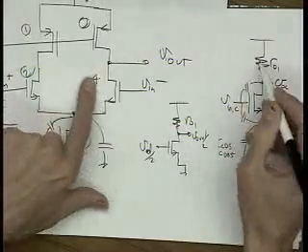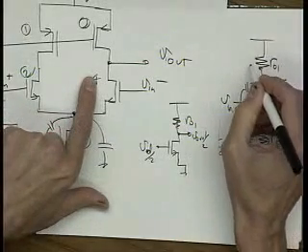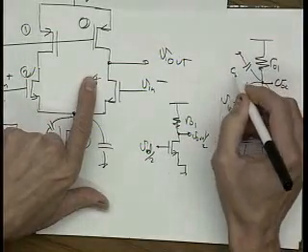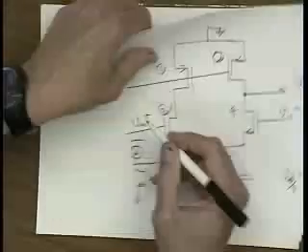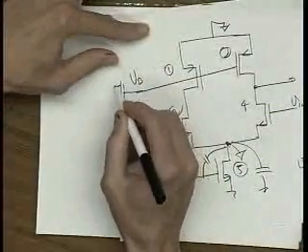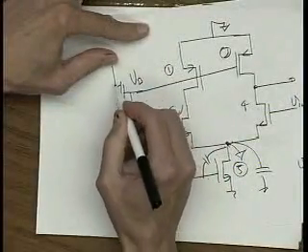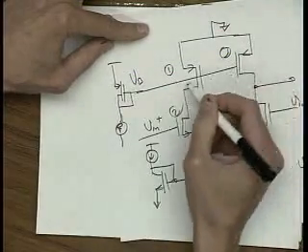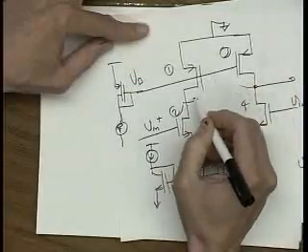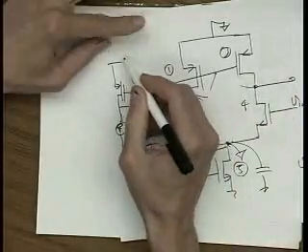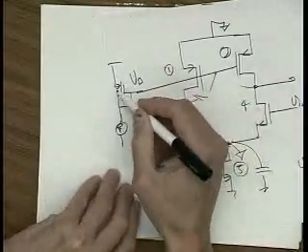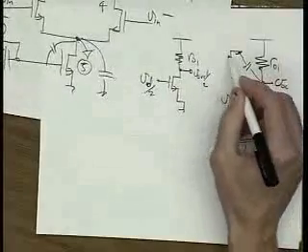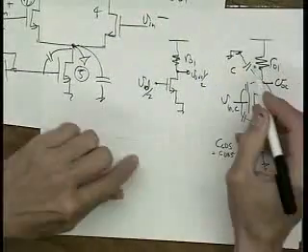Then R0 has some capacitance with it too, so let me add that in. This is going off to a diode connected transistor, let's say. So this capacitance goes to 1 over gm to ground. As long as 1 over gm is small compared to the output resistance of this node, this is like going to a virtual ground. If it gets too large, of course it's not.